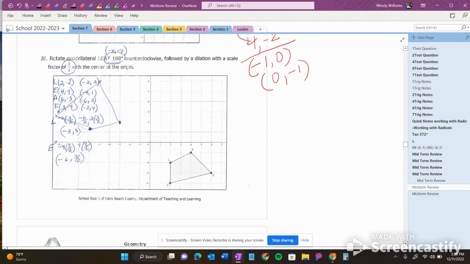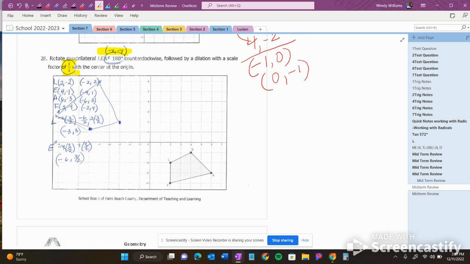The next one, rotate the quadrilateral 180 degrees. Remember the rule. 180 is negate x, negate y, followed by a dilation of a scale factor of 3/2. Remember, dilation scale factor is just a multiple. Multiply. And don't worry about multiplying by a fraction.